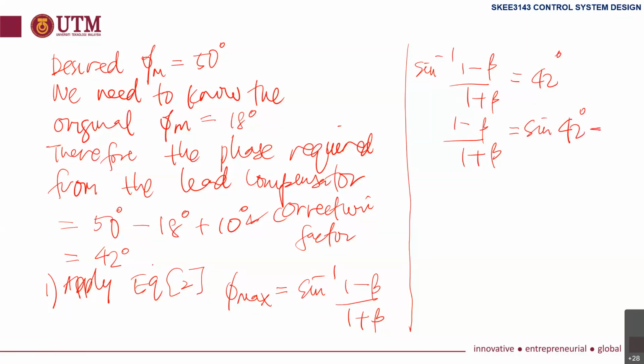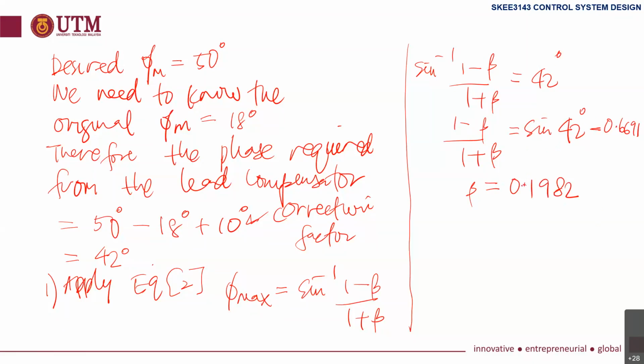I have checked, sine 42 is 0.6691. If you solve, you get beta equal to 0.1982.